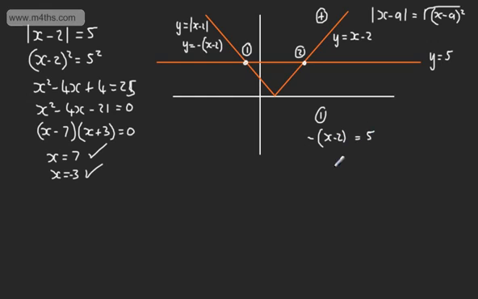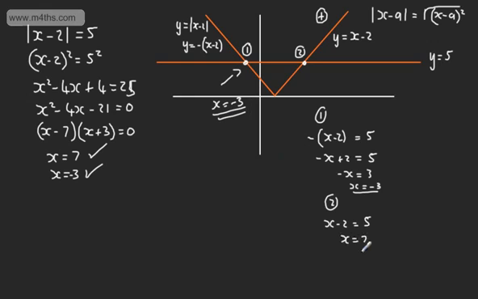And for solution 2, we're going to have the positive, so x minus 2 will be equal to 5. If we solve this, we've got minus x plus 2 is equal to 5. Subtracting 2 from both sides, minus x is equal to 3, and dividing both sides by -1, x is equal to -3. So this one corresponds to x is equal to -3. For the other one, adding 2 to both sides, x is going to be equal to 7.